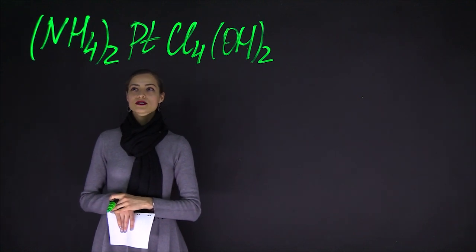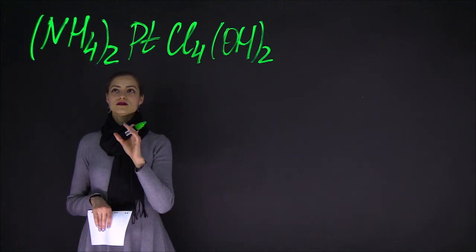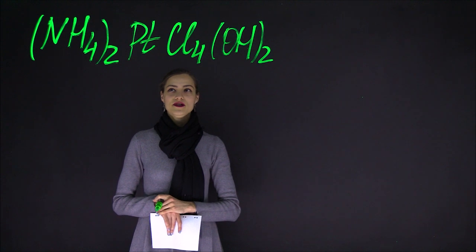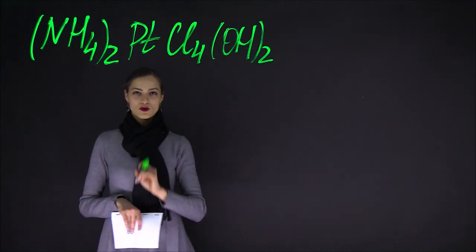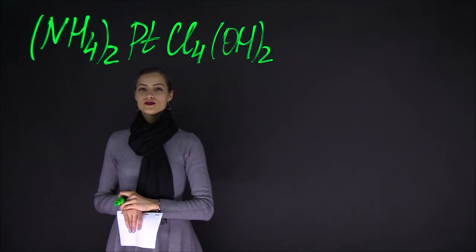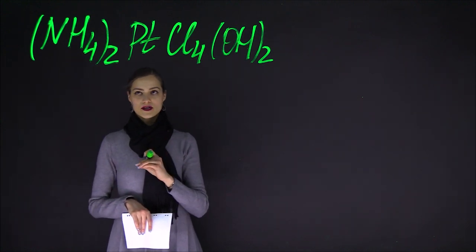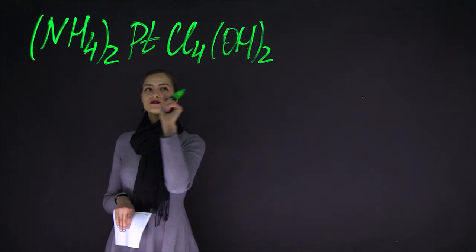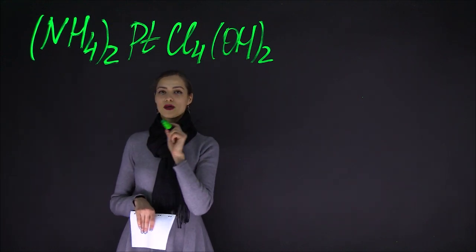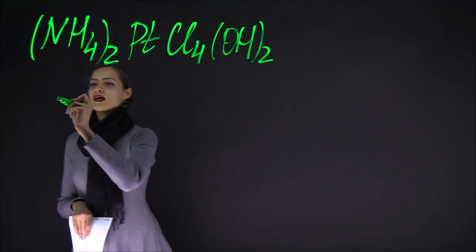Standard heat of formation is the heat that we need for the formation reaction to produce just 1 mole of this substance. And we remember that we produce this substance from simple substances. So we just need to see which simple substances we have in this complicated one.